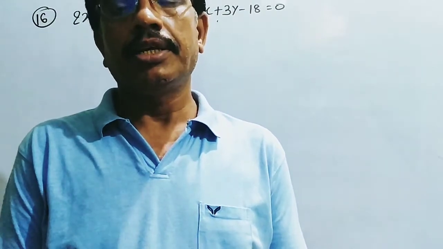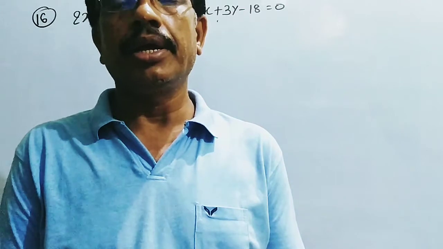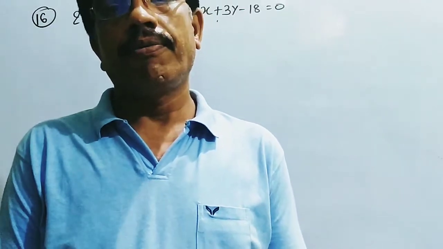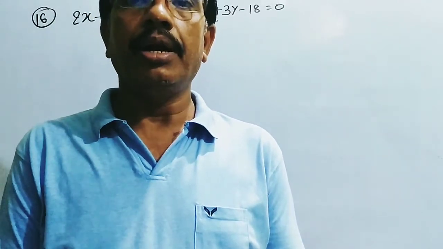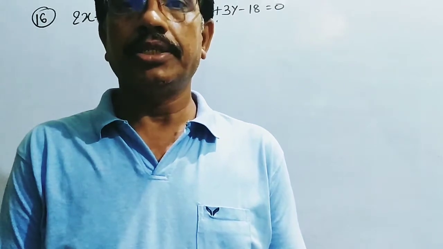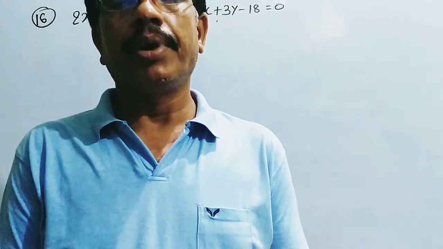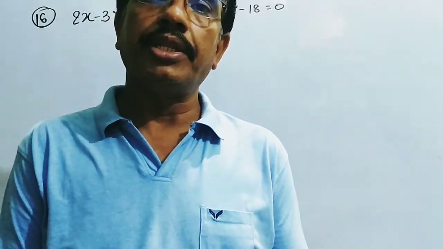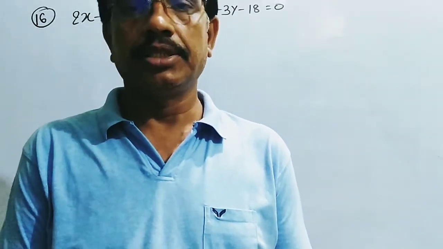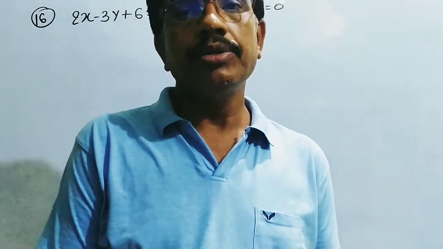Otherwise you can say, solve the equations graphically, and hence find the area of the triangle formed by two lines and the y-axis, and write the vertices of the triangle formed by these two lines and the y-axis. So dear student, now see here.